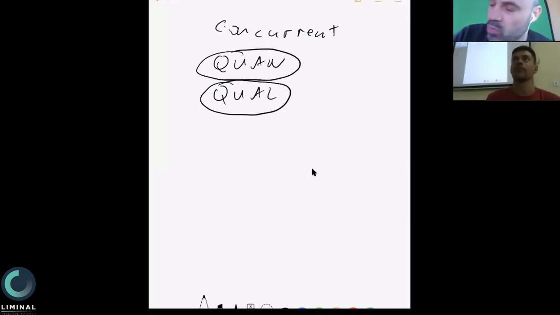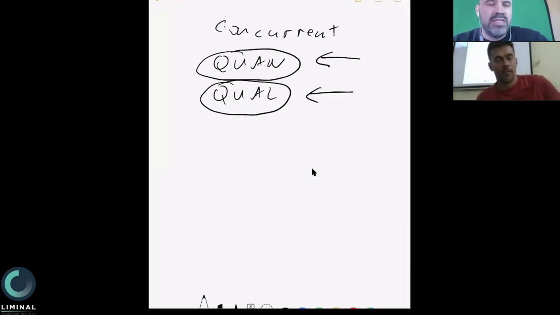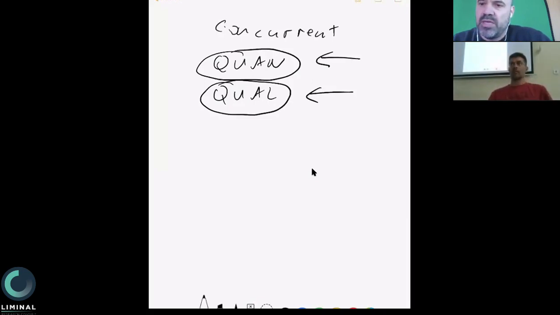What is important here is that with the quant and the qual, you'll have themes for qualitative, I presume, and for quantitative, say you have themes. Say for instance, you're looking at the technology acceptance model.